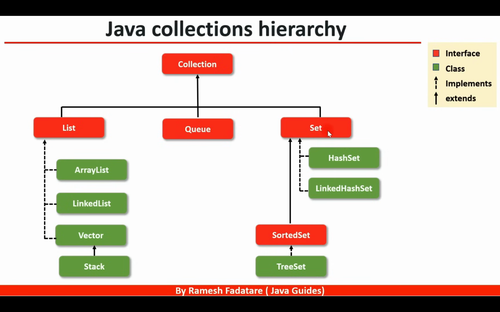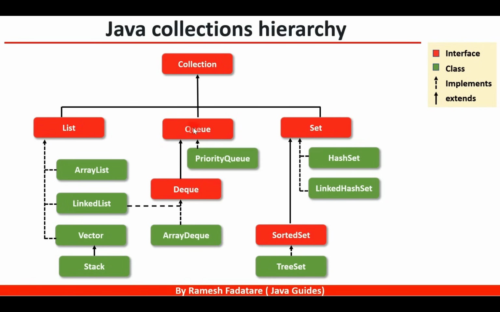And here we have Set implementations like HashSet and LinkedHashSet. These are the two commonly used implementations of the Set interface. And here we have the SortedSet interface, whose purpose is sorting the elements in ascending or descending order. Here we have the TreeSet class, which implements the SortedSet interface.